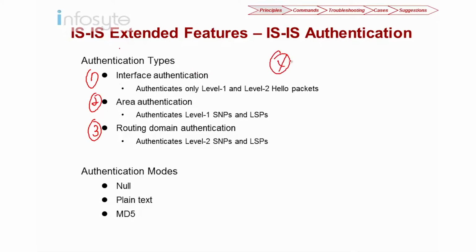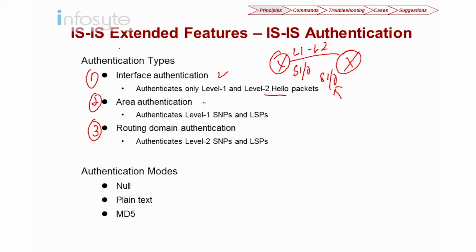Assuming that I have 2 routers here, I can implement authentication on the interface. This interface authentication can be used for L1 or L2. The second authentication type is called area authentication.